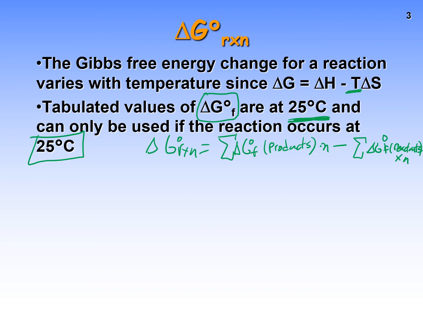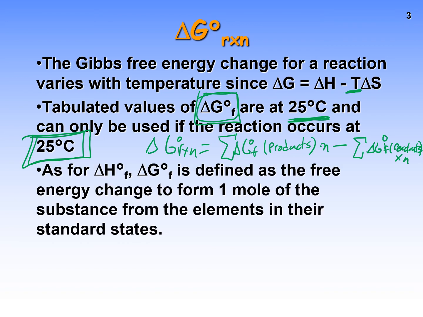This equation works with delta G naught as well, but it only works at 25 degrees Celsius because that's what the delta G naughts are tabulated at. That's an important thing to understand, because you can only use this equation under certain circumstances, and those circumstances are, you've got to be at 25 degrees Celsius.